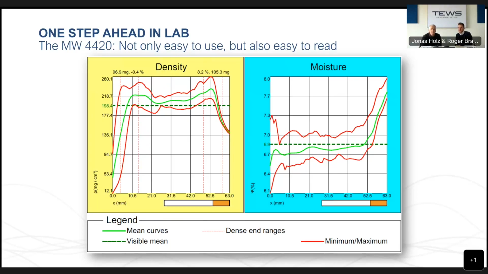The next question is about calibration for moisture and for density. The MW4420 comes with a built-in standard calibration on the microwave subsystem, but to adapt it to your needs, you can modify the moisture by a plus-minus offset, as well as for the density, in the brand settings.